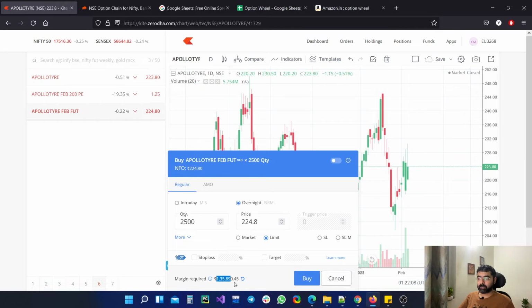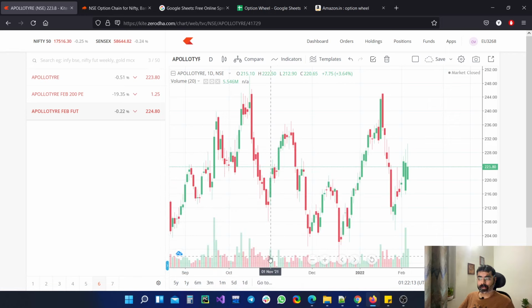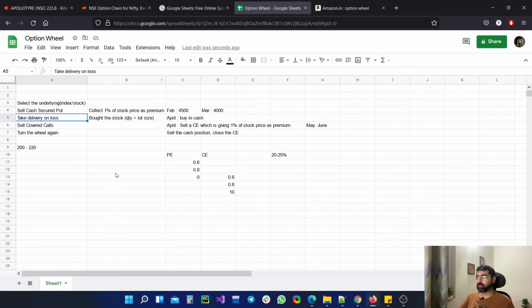So if my investment is low and I still get the similar returns, then obviously my return on investment is high. This is one of the techniques which a lot of people use. They don't take delivery in cash, they just buy futures and start selling calls whenever they are assigned, whenever the price falls to the put strike price.